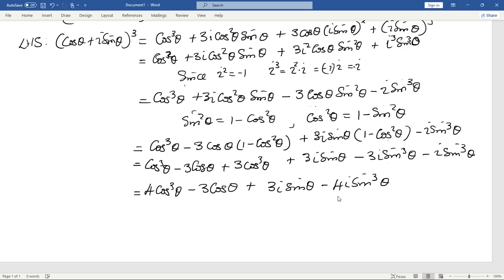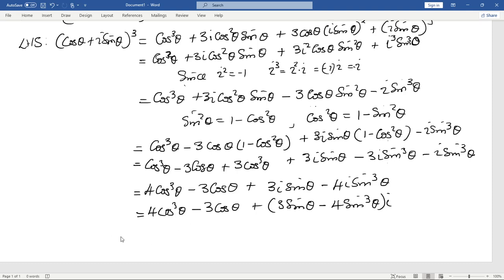Now let's simplify this a little bit further. We have 4 cos cubed theta minus 3 cos theta plus, open brackets, 3 sin theta minus 4 sin cubed theta, and we have the imaginary part i on this side.